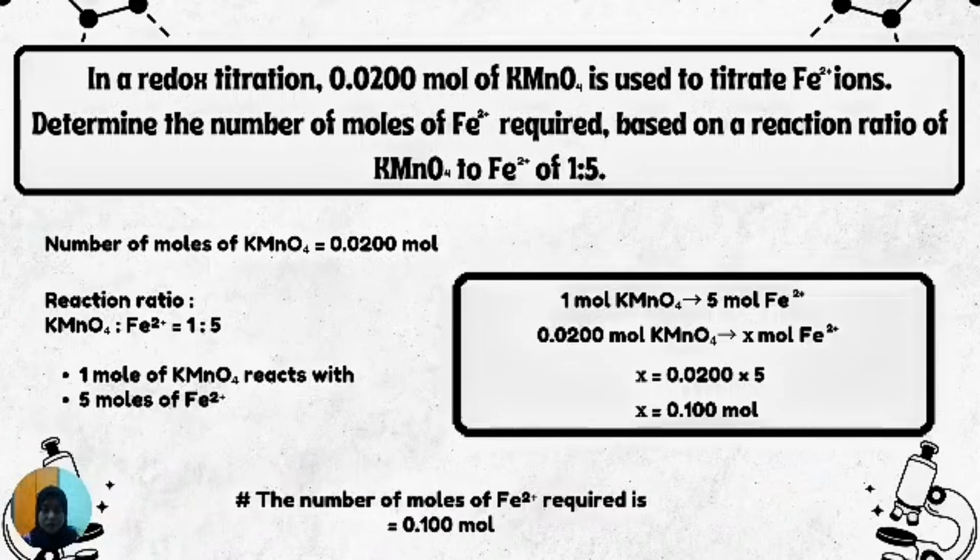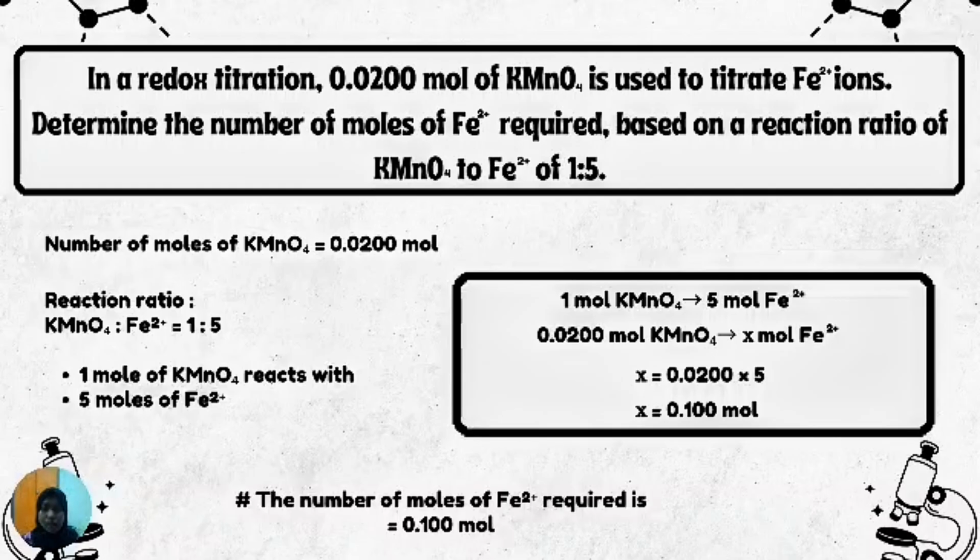In a redox titration, 0.0200 mole of potassium permanganate is used to titrate ferrum ions. Determine the number of moles of ferrum required based on a reaction ratio of potassium permanganate to ferrum, which is 1 to 5. It is given that 0.0200 moles of potassium permanganate are used in the titration.